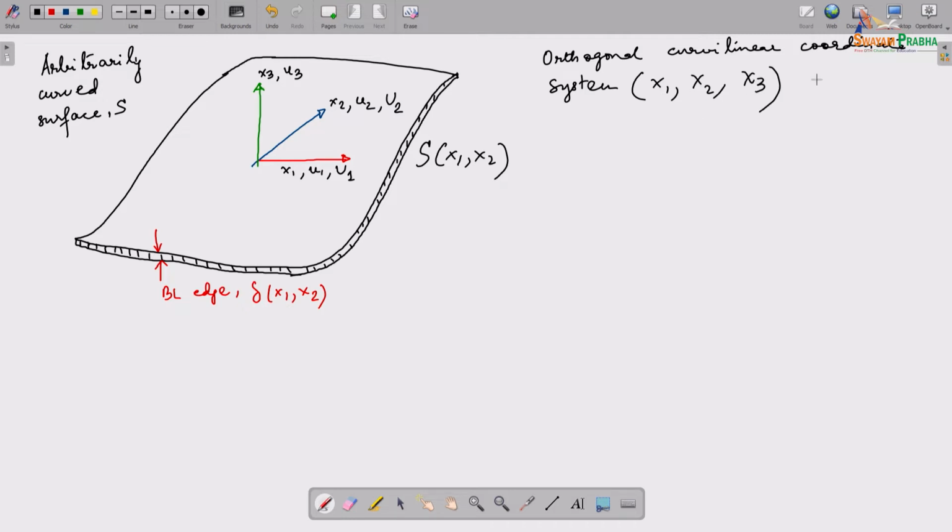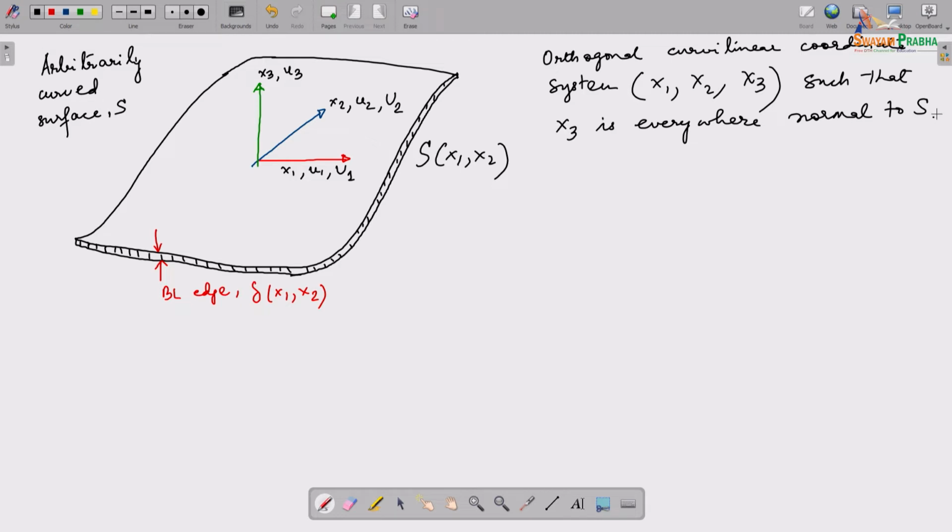Such that x3 is everywhere normal to S, to the surface basically.